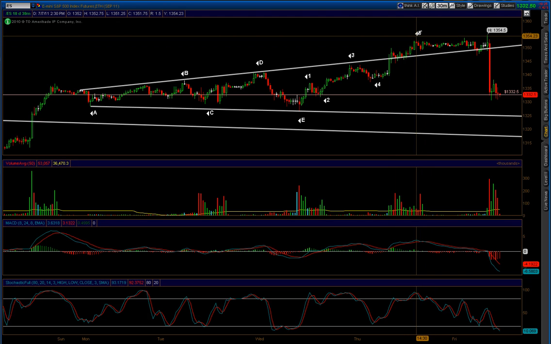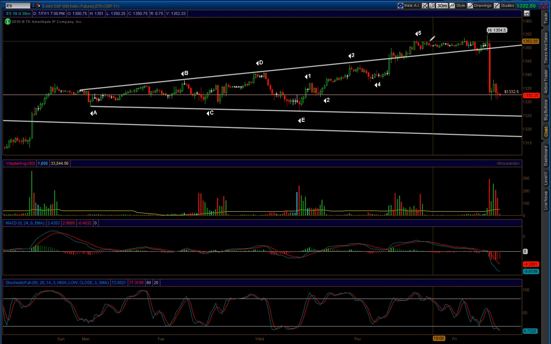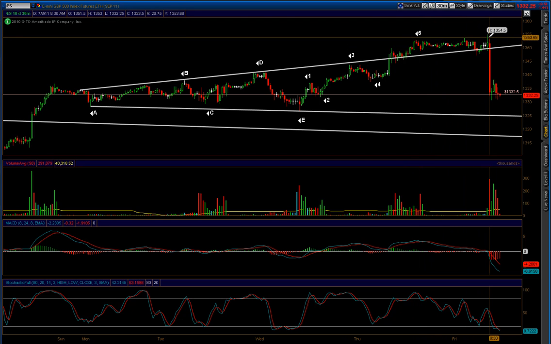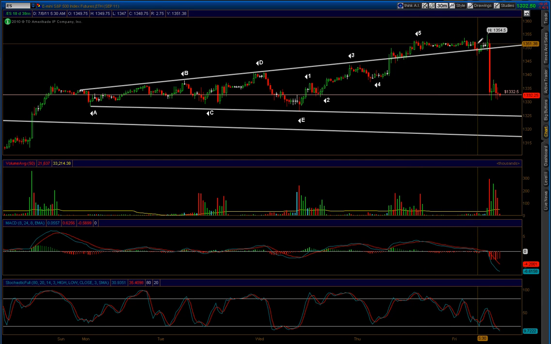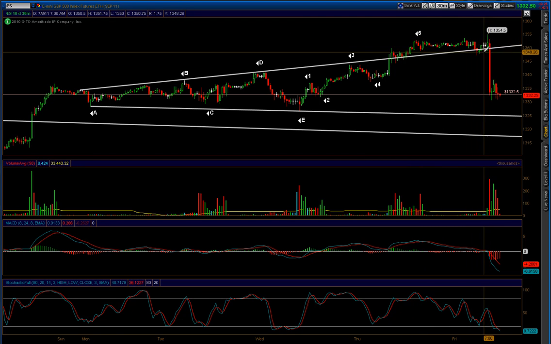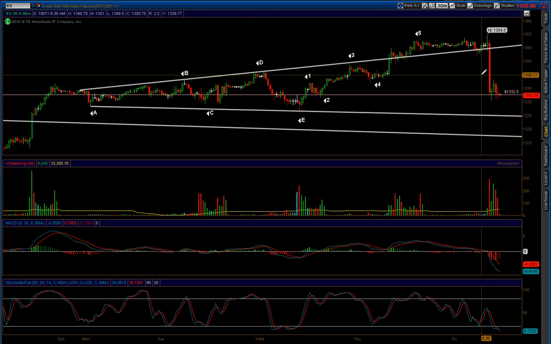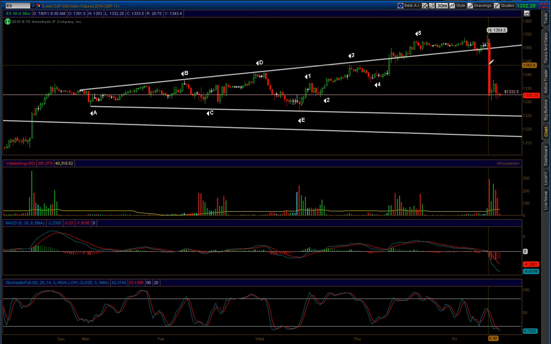So here, overnight, we stayed in this area, and then we took a look at those job numbers, and we took that dump right before the market opened, and we gapped it down.